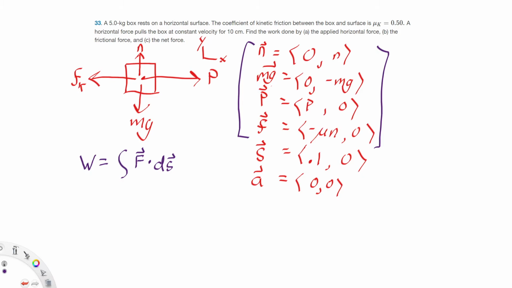Gravity. Yep. Gravity will do no work. Other Matthew, can you tell me another force that is going to do no work? Normal force. Awesome. That is correct. So normal force and weight, they are only acting in the y direction, and our displacement is only in the x direction. So they will do no work.